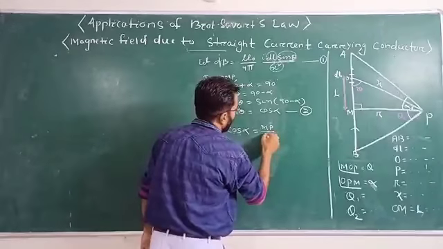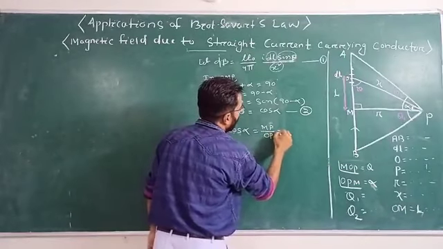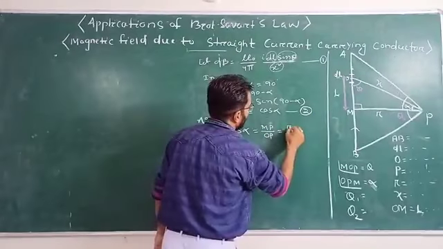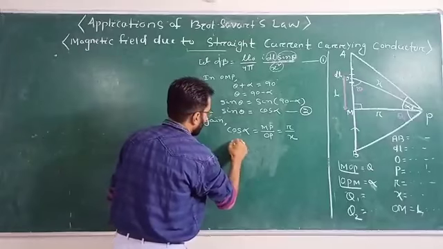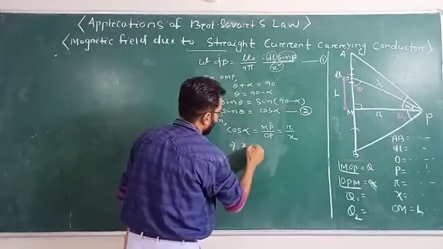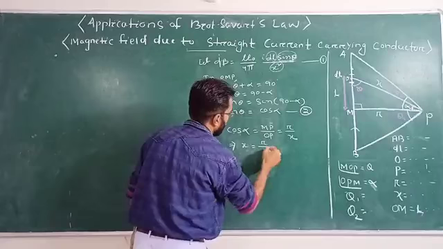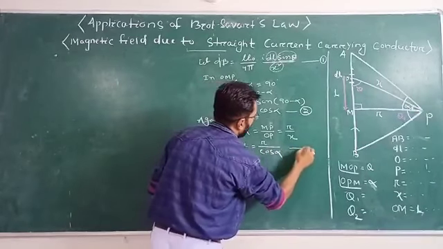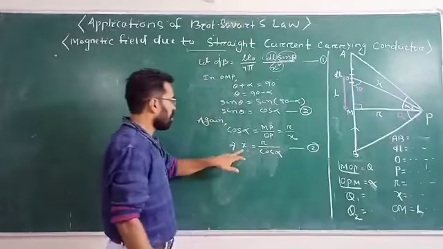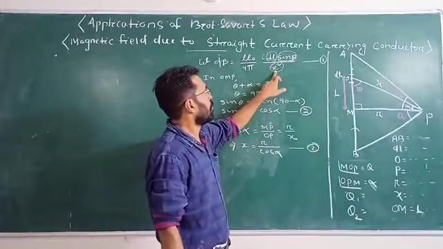MP means R, OP means x. From that, x is equal to R by cos alpha. This is equation 3. Now we got the value of x also.